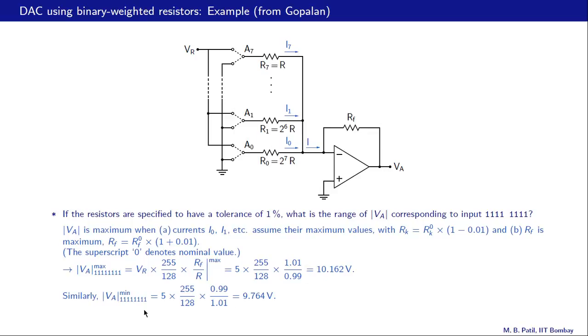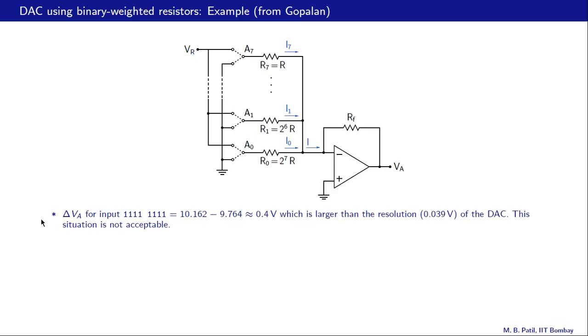What about the minimum value of mod VA? That is just the opposite. We want to make this number now as small as possible. So RF should take on its lowest value, and all these resistances should take on their maximum values. So that gives us this same factor times 0.99 divided by 1.01, that is 9.764 volts.